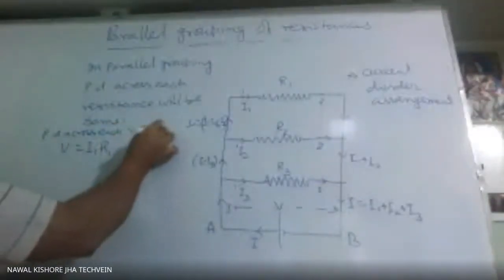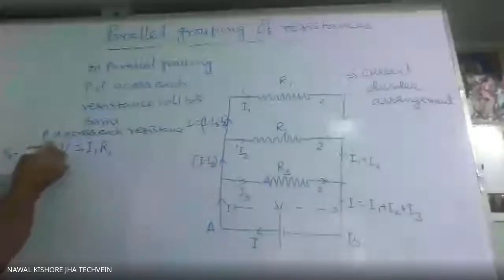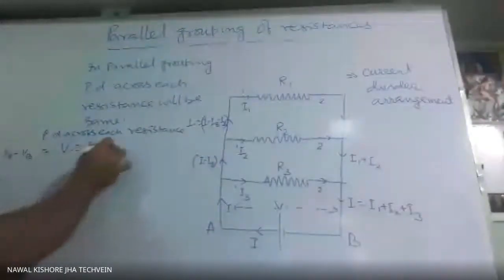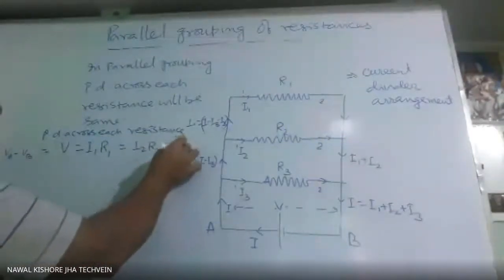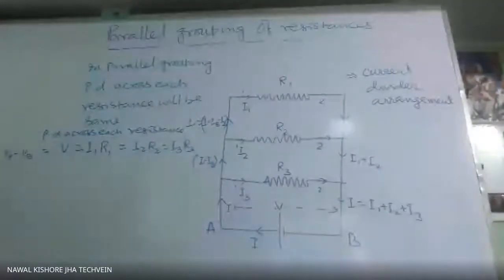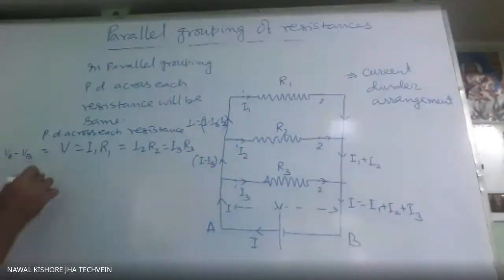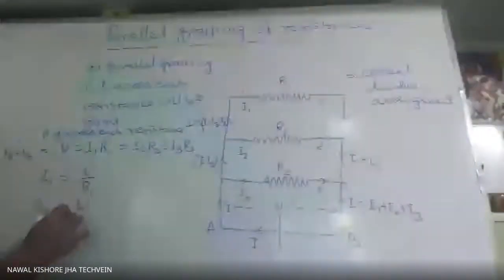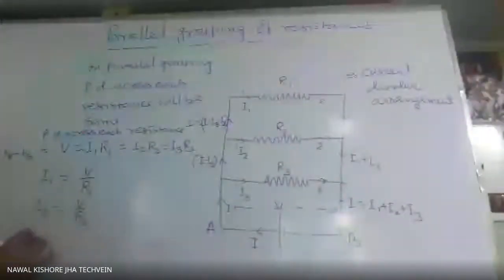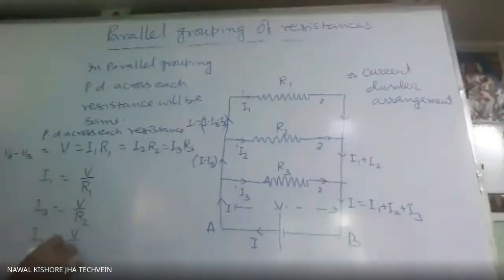This is VA minus VB, which we are calling V. This will be I1 R1, or I2 R2, or I3 R3. That means I1 will be V over R1, I2 will be V over R2, I3 will be V over R3.